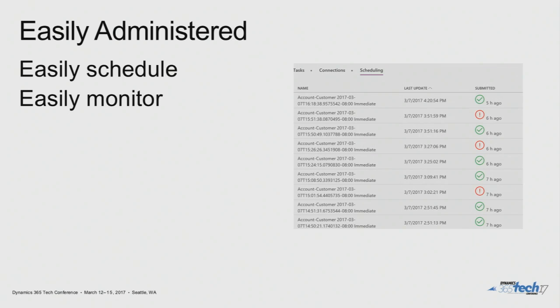But the idea is that you have a dashboard. The important thing here is that there's a lot of data that needs to be integrated between these two. And even if sales and operations were a single product, you would still have instances across various geographical locations where you would still want to integrate data. So as a consequence, one of the primary goals of this overall framework is to make sure that it's easily administered.